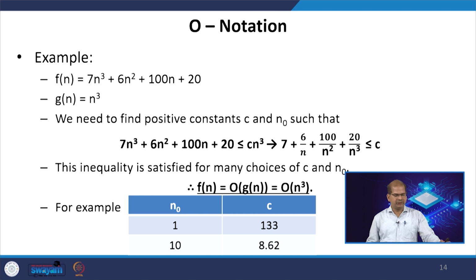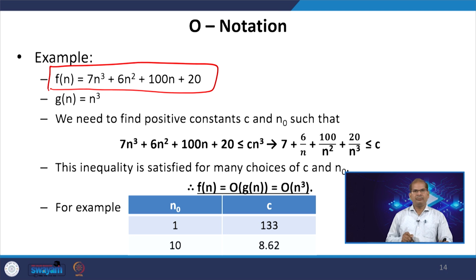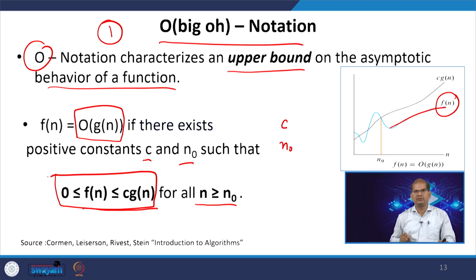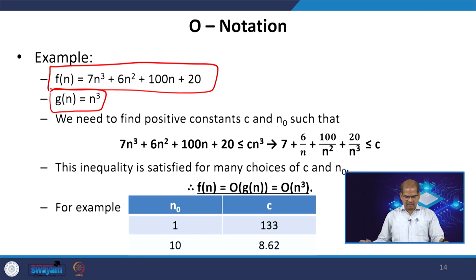So, let us take an example here. I have a function f of n, and I have another function g of n, which is n cube. We need to find n naught and c such that f of n is less than or equal to c of g of n; this condition should be satisfied. We need to find c and n naught such that my f of n is bounded by 0 and c of g of n.